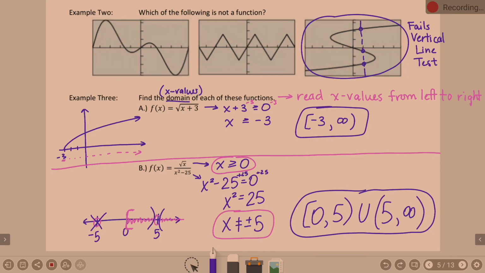Now, why did Jackie's do that, and did anyone else's do that? I don't know why yours did that and mine didn't. I don't know if there's some setting different in your calculator or if it's just by chance, because these calculators do weird things at times. Okay? If I see something like that, I know that's a vertical asymptote.